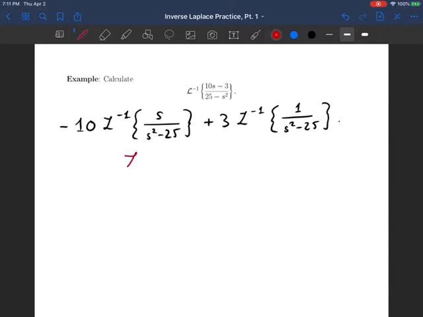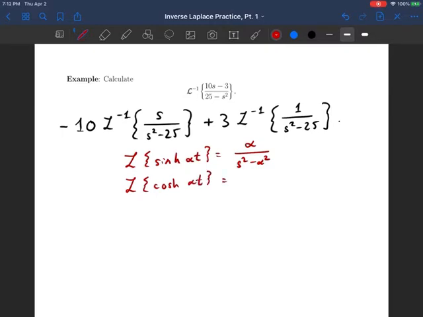Well, now, again, we have to recall a few formulas, and these are maybe a little less familiar because they involve the hyperbolic sine and cosine. So the Laplace transform of the hyperbolic sine of alpha t is equal to alpha over s squared minus alpha squared.